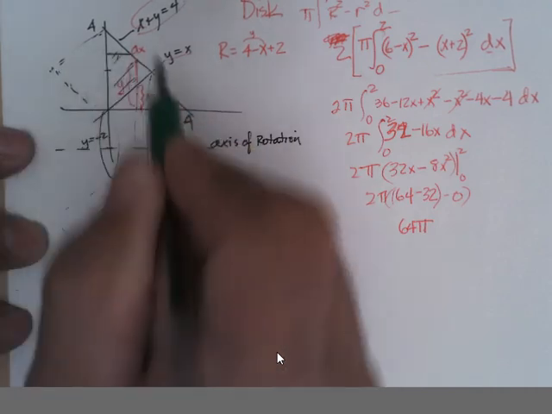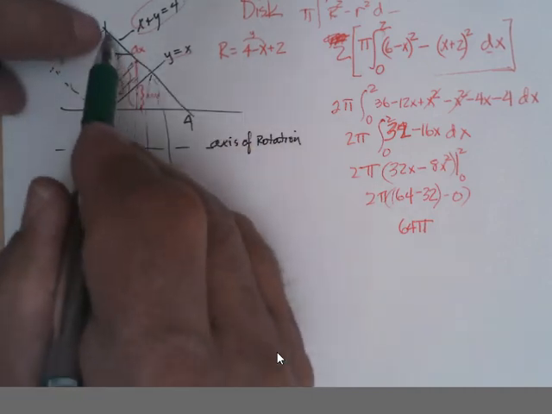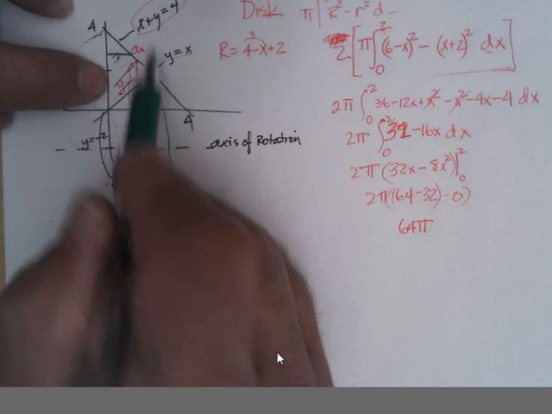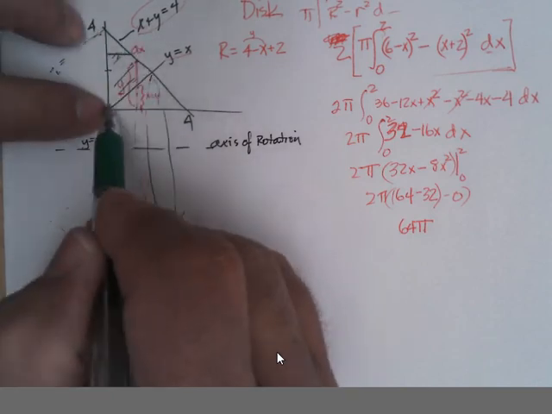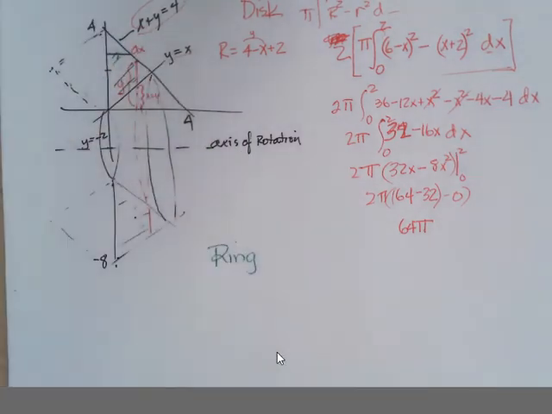Now on this ring method, the height of the ring is going to depend on this equation half of the time, and then on the other half it's going to depend on this. So if we do the ring method, we're going to have to do it in 2 pieces. Sometimes the disc method you have to do in 2 pieces, and the ring only takes 1. So there's pros and cons of which method you use. You have to look at the problem and make a decision.